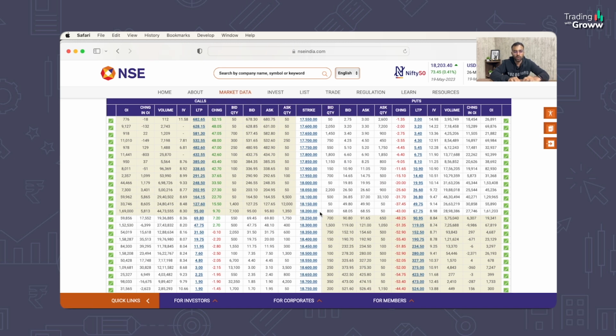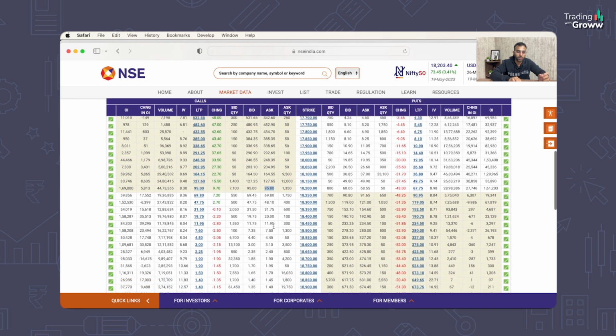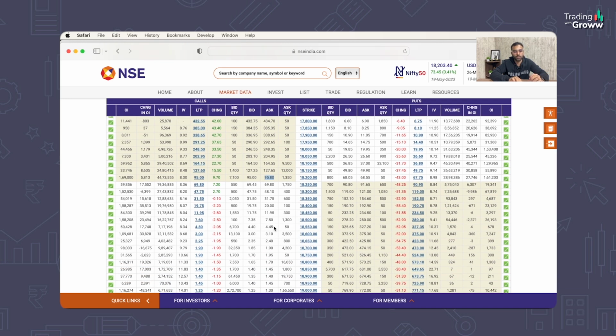The 18,200, which is the at the money option, is currently trading at around 95 rupees. But most beginners tend to buy an option which is a bit far away. Instead of 18,200, they buy 18,500, which is trading around 7 rupees. They think, if I buy this option at 7 rupees and it moves to 70 rupees, I gain so much money. This is the perspective of an option buyer.